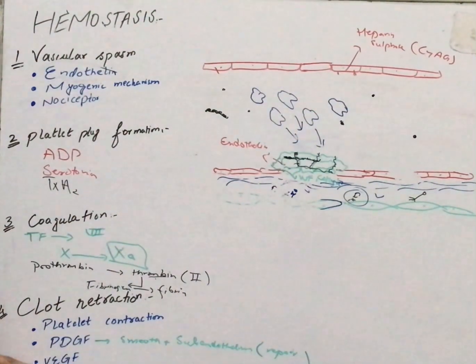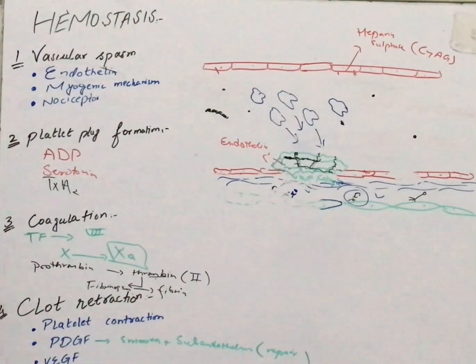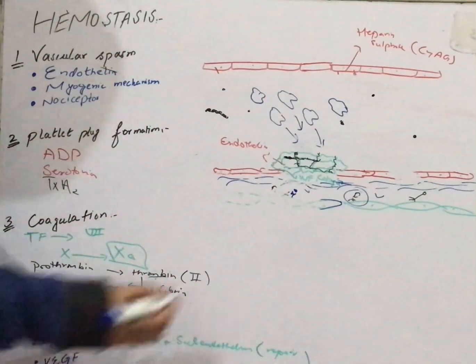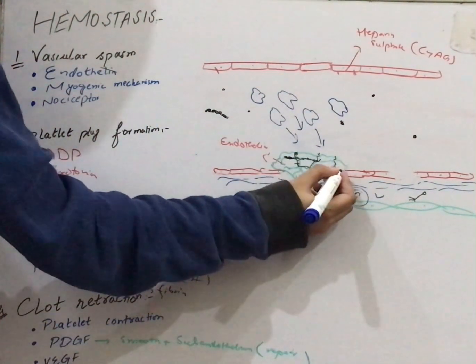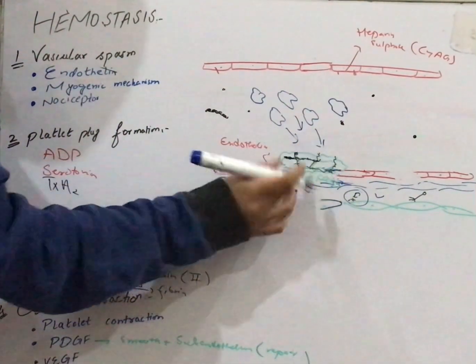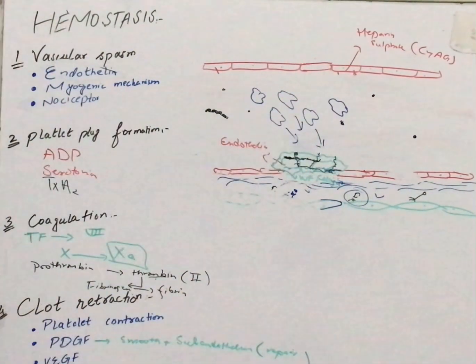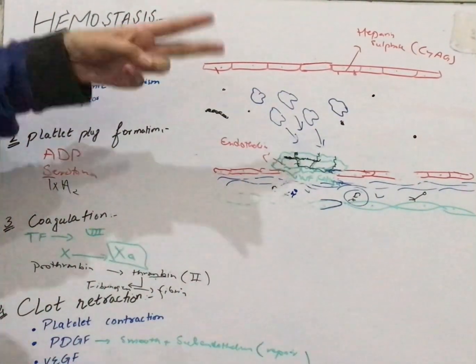And third thing is vascular endothelial growth factor. Now what is vascular endothelial growth factor? The name indicates that this will help repair and regeneration of endothelium. So this whole step is called clot retraction, in which there is platelet contraction, and then there is release of two types of growth factors.